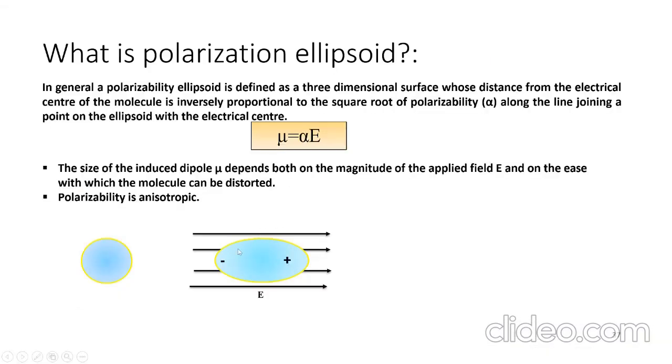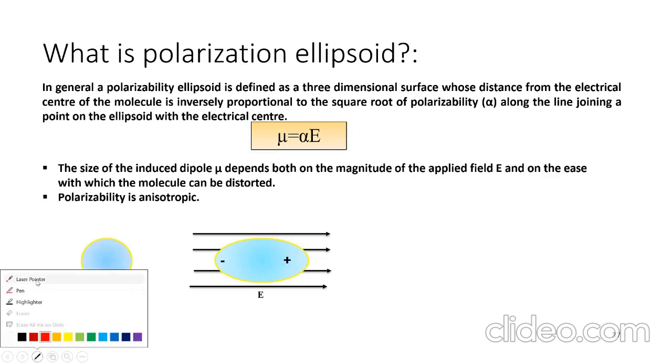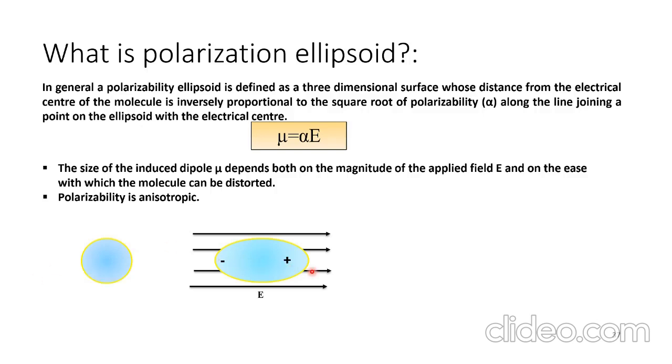So suppose this is a molecule and it was spherical in shape before applying the electric field. When we apply the electric field, the charges are getting separated. So this is the polarizability which is shown by the atom. Now the size of the induced dipole depends both on the magnitude of the applied field and on the ease with which the molecules can be distorted.